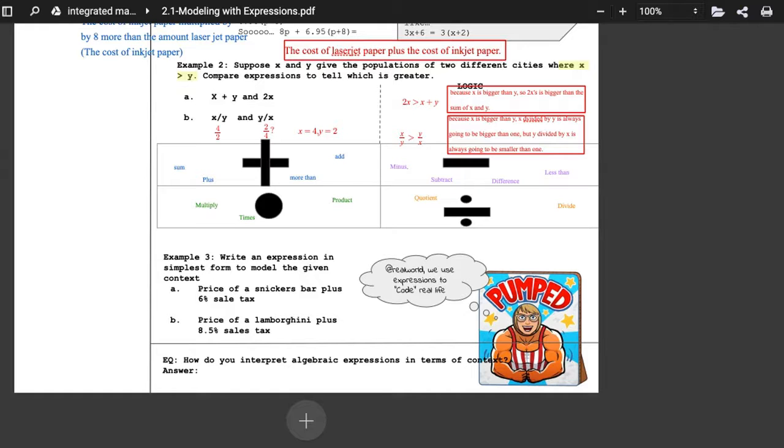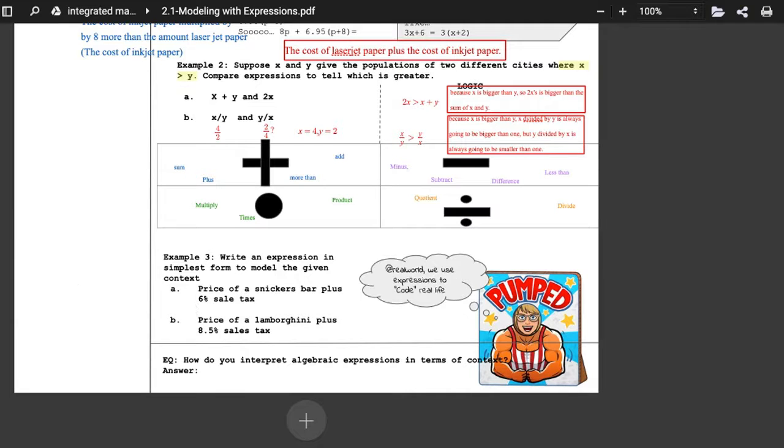For example, if I buy a candy bar that's $1, then the tax on the candy bar would be 6 cents with a 6% sales tax, because it's 6% of $1. So in total, when I go to pay for the candy bar, I would pay $1.06.